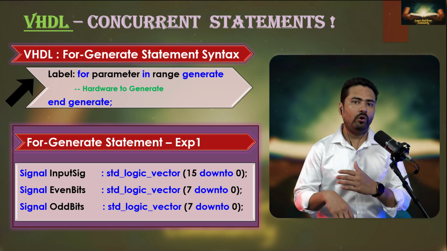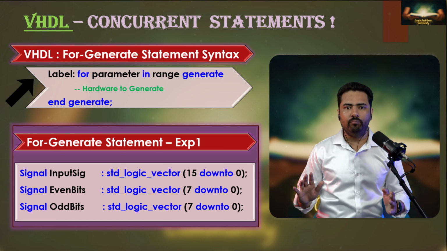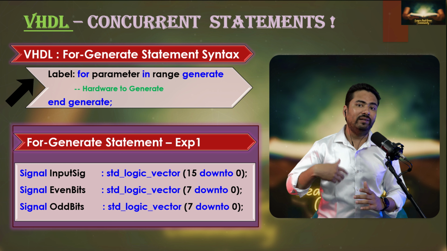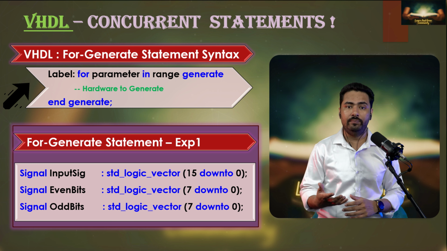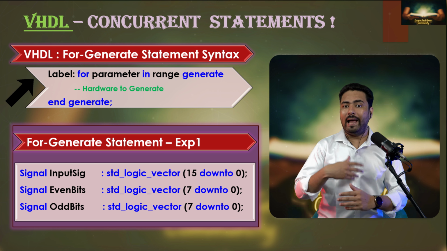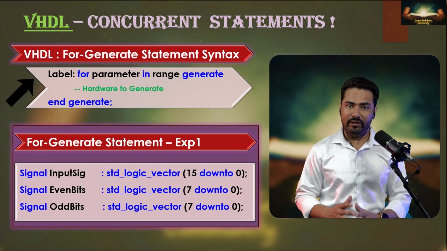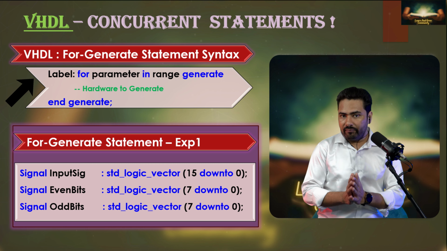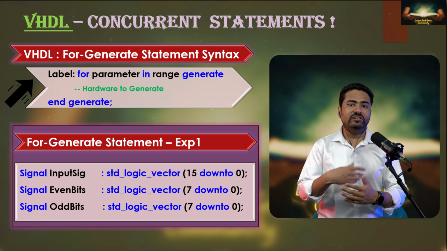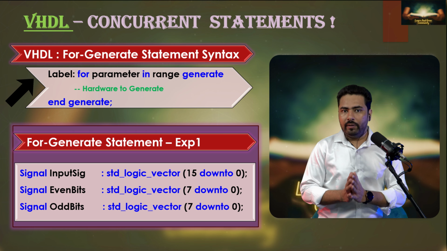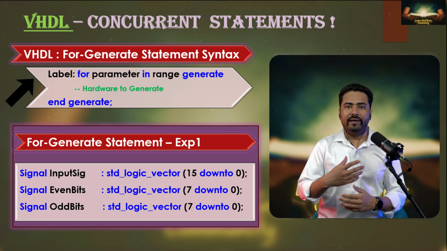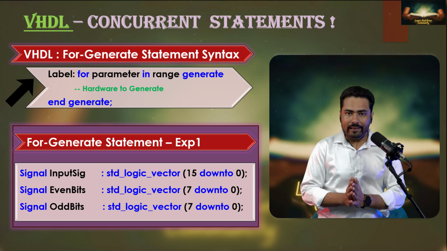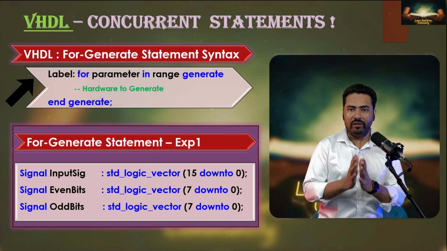So we start from the label. It is any name you give to identify the region for your generate statement, and this is useful for future references. Then use a colon and then write for. Then give the parameter name or range variable. Then type in. Now give the range of your loop. It will tell how many instances it will create.